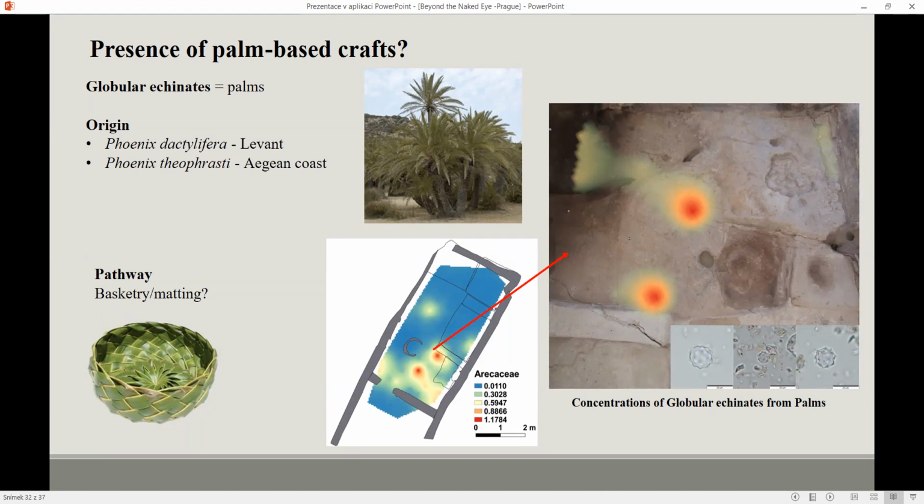This is something that doesn't occur at once. It's something that occurs through time. But it's a very interesting find, and it's also worth mentioning because it's telling us about the presence of palm-based craft at Çatalhöyük.